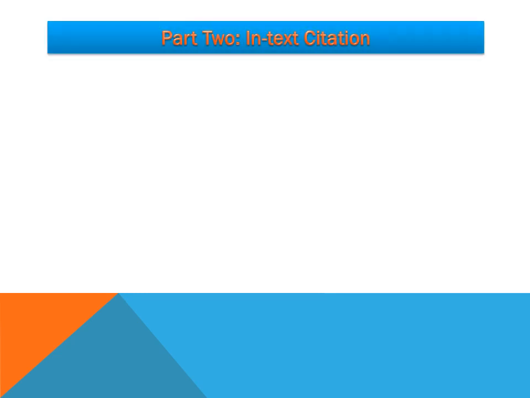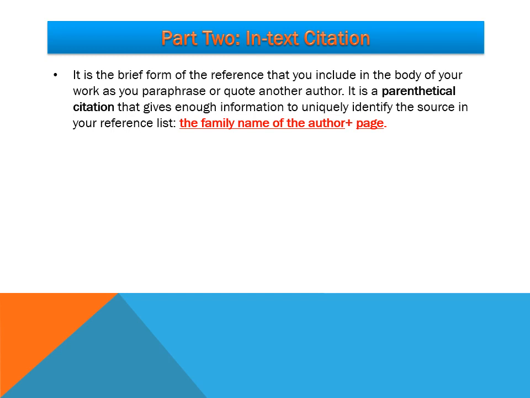In other words, it means the quotes or the paraphrased sources that you would cite in your work or inside your text. How are you going to code them? Well, in-text citation is the brief form of the reference that you include in the body of your work as you paraphrase or quote another author.